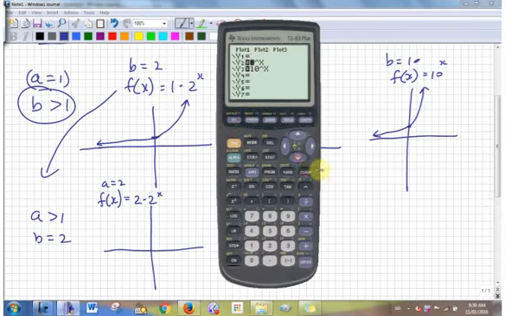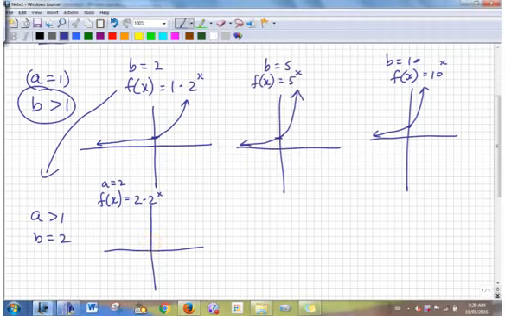So 2 times 2 to the power of x. See what the y-intercept is? Okay, but same shape, isn't it?